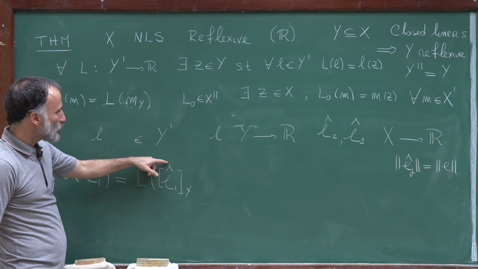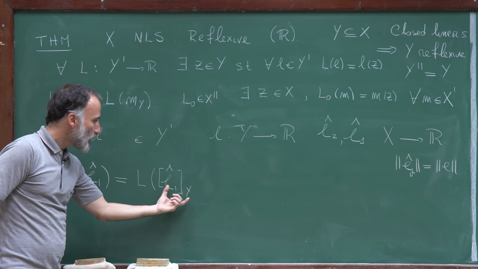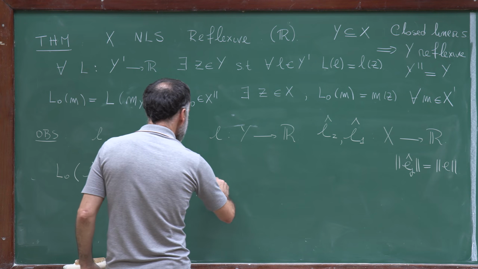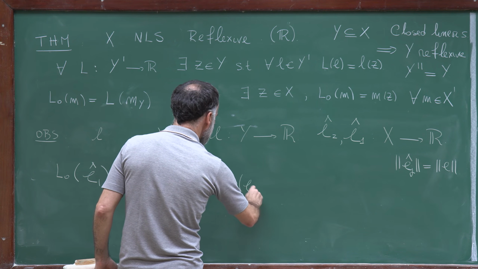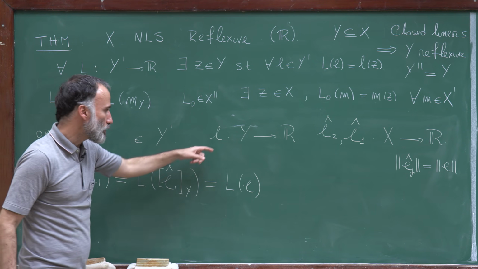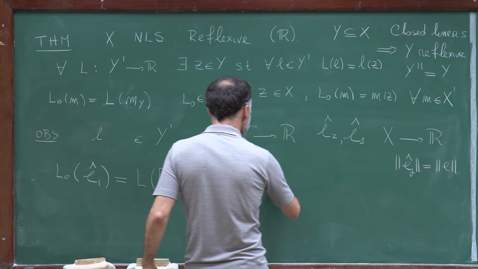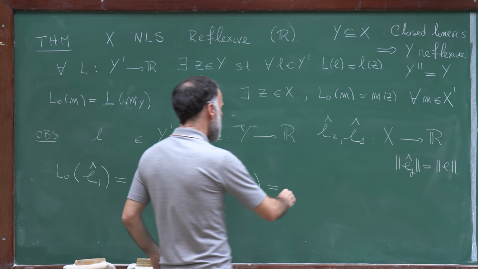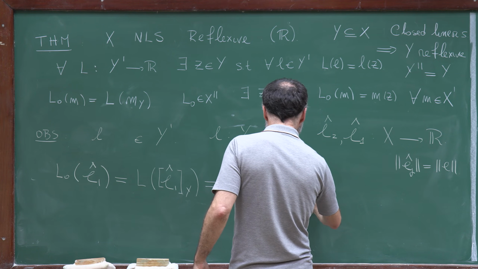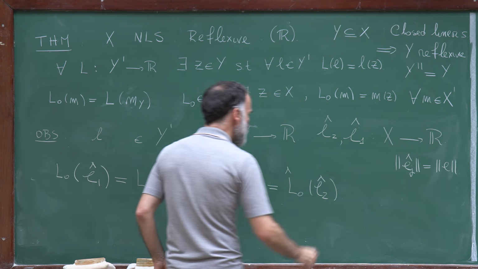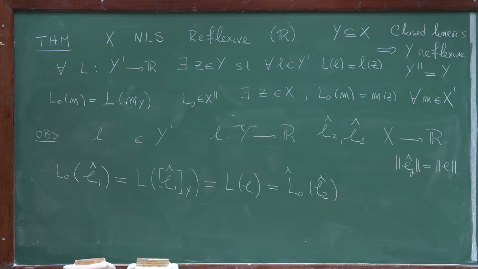We extended l to the whole space X, and after extending, we restricted it to Y. But this is exactly L of l, right? Because the restriction to Y coincides with the original one. And if I repeat the same computation for the second one, what I get is that the value is the same, whatever the extension.